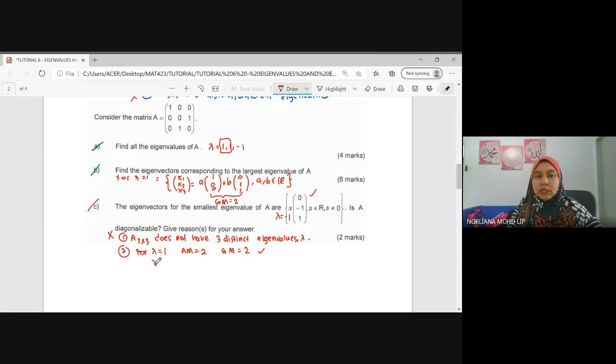Okay, for lambda equal to negative 1, the AM equal to 1. And the GM for lambda equal to negative 1, given here, the GM also equal to 1.